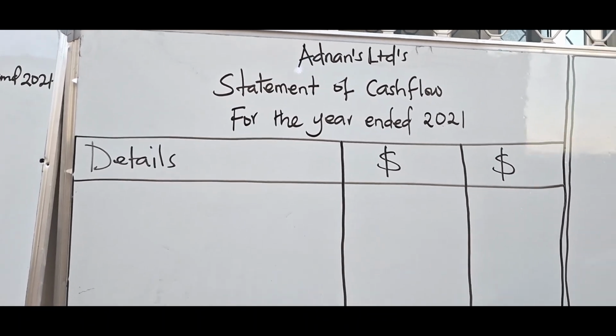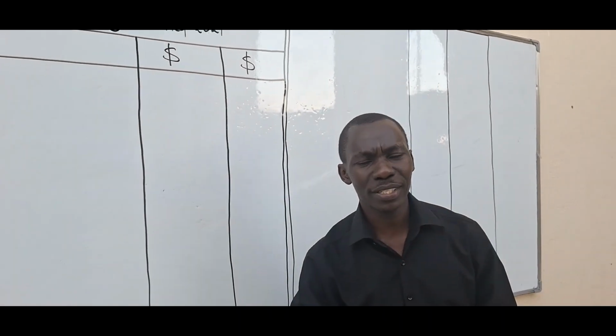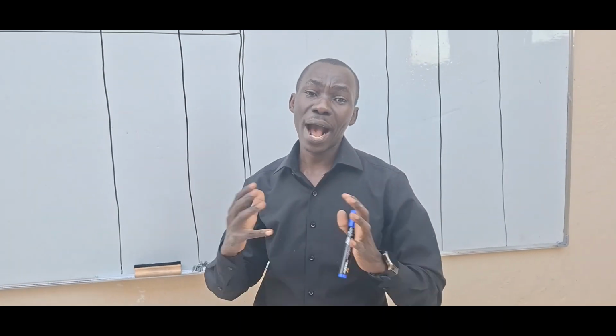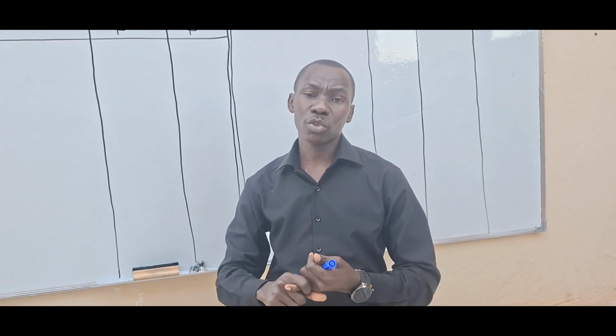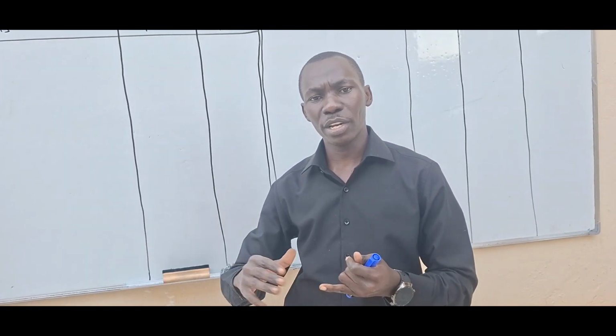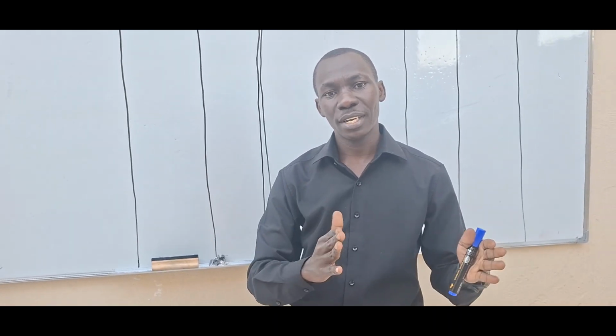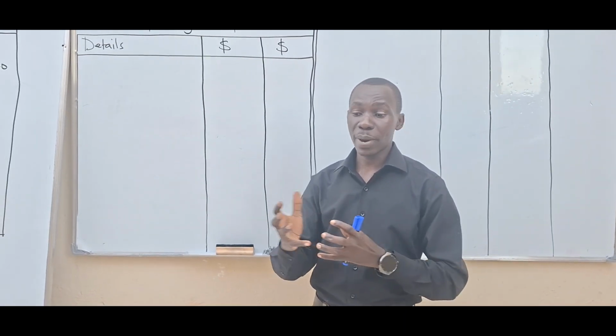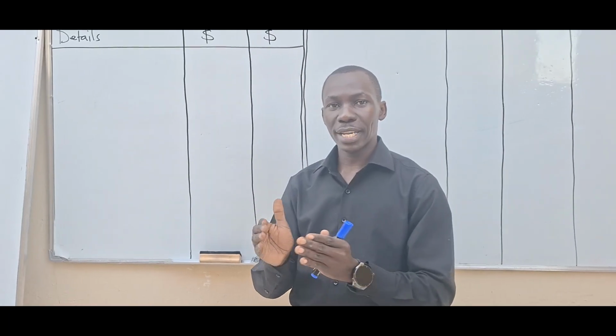Don't forget, I told you the cash flow statement is divided into 3 major titles or activities. One, we have what we call operating activities, where we spend money or receive money from the normal operation of the business. Then we have investing activities, where we are either buying non-current or long-term assets, or selling them, and the money we get or spend through those non-current assets.